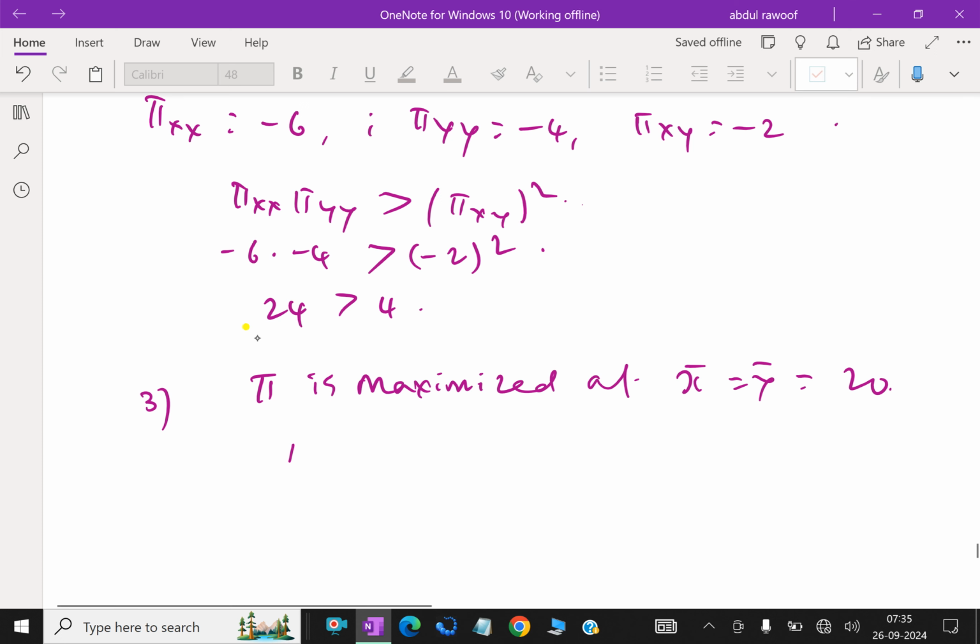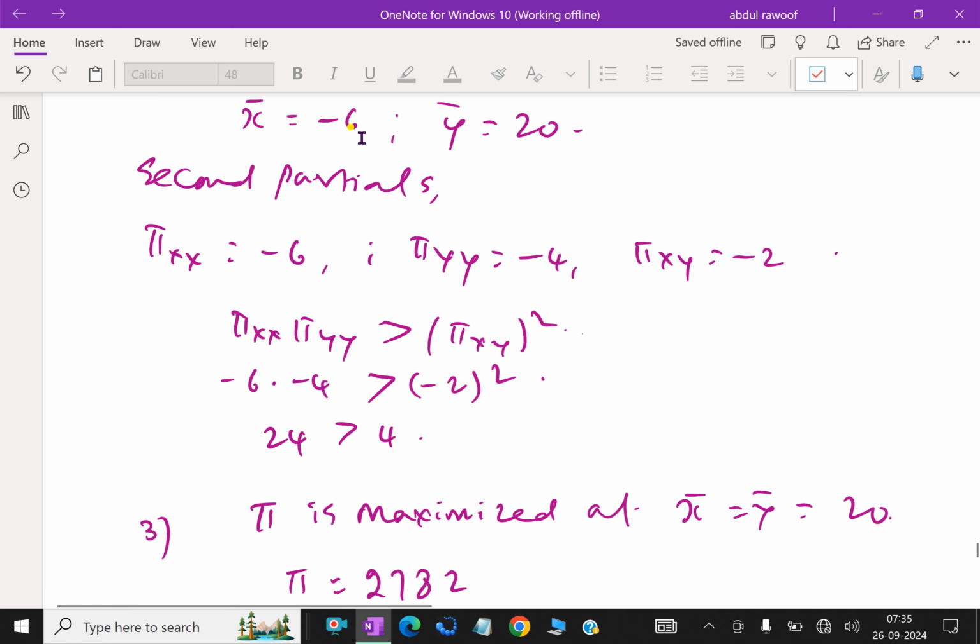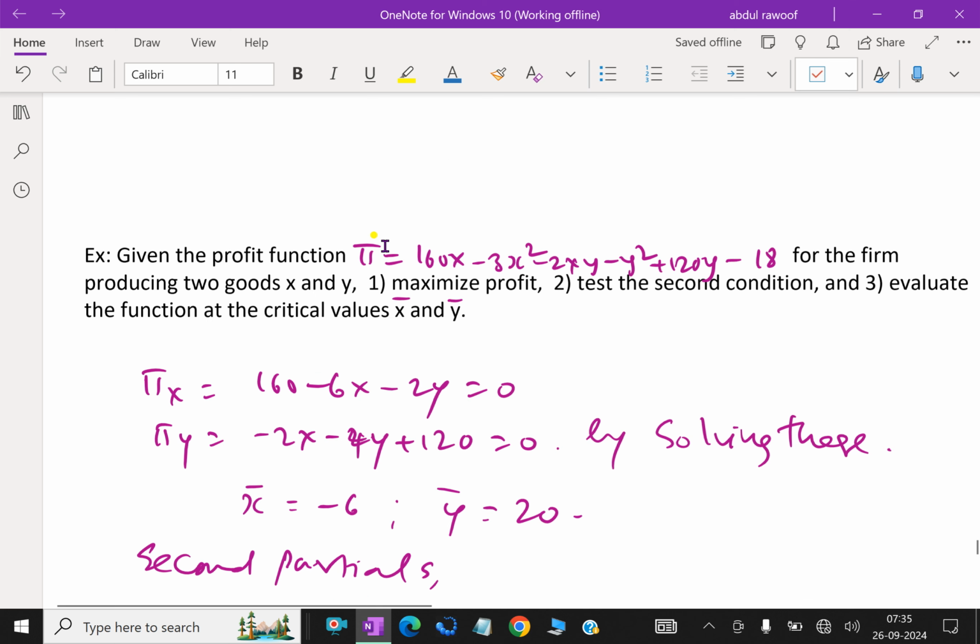Therefore the pi value, substituting these critical values, gives 2782.